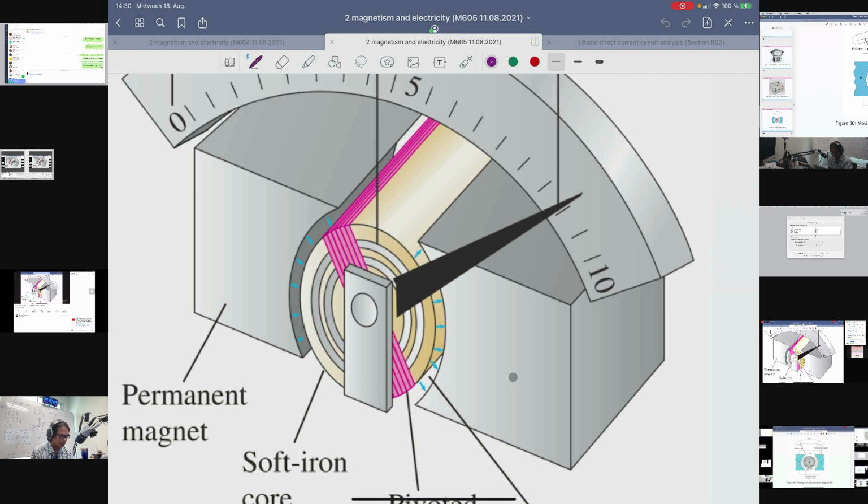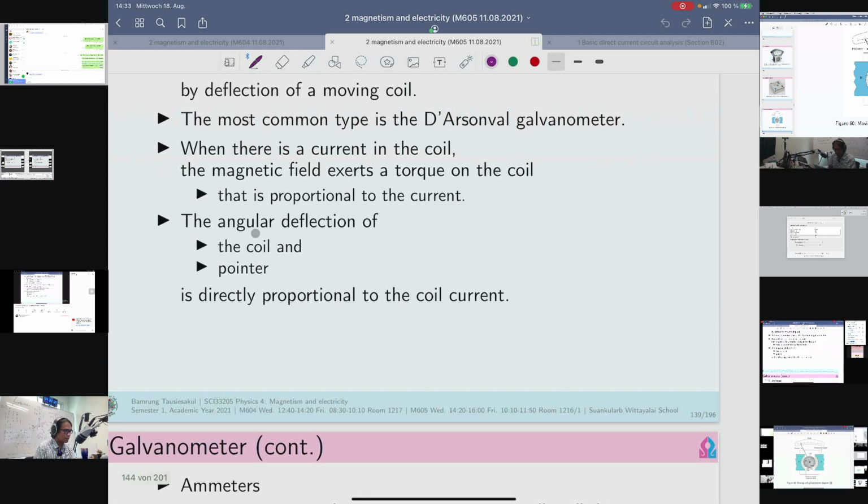All right, the angular deflection of the coil and the pointer is directly proportional to the coil current. It's because we have the torque equal to BIAN sin phi.